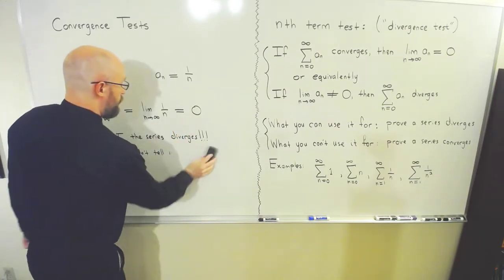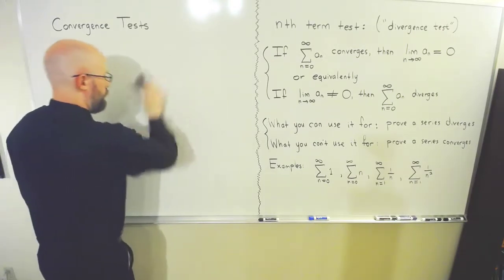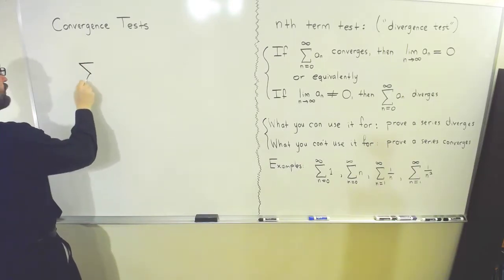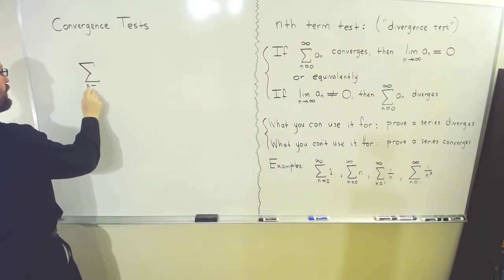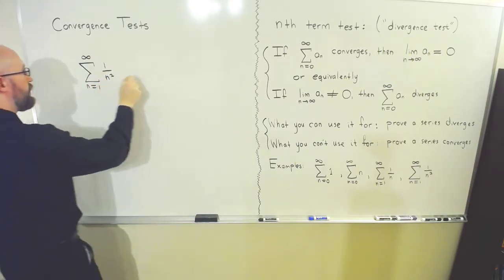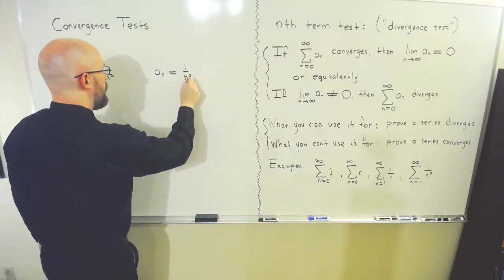So then let's look at the fourth example. And this one is the sum from n equals 1 to infinity of 1 over n squared. Here, the nth term, an, is 1 over n squared.